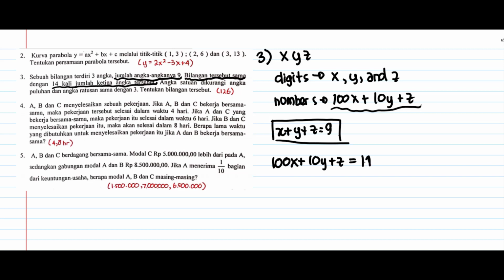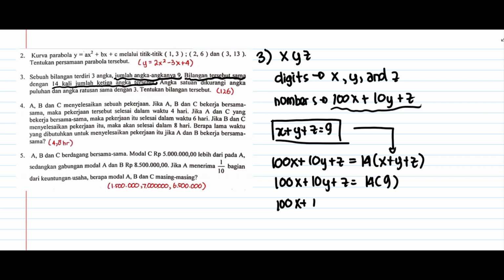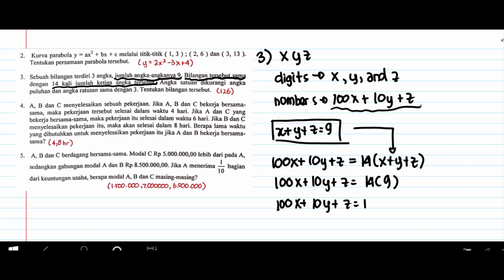Berarti 14 kali x tambah y tambah z. Karena kita udah tahu x tambah y tambah z nya 9, ini bisa dimasukin ke sini. Jadinya 100x tambah 10y tambah z sama dengan 14 kali 9, 90 tambah 36, 126 ya.